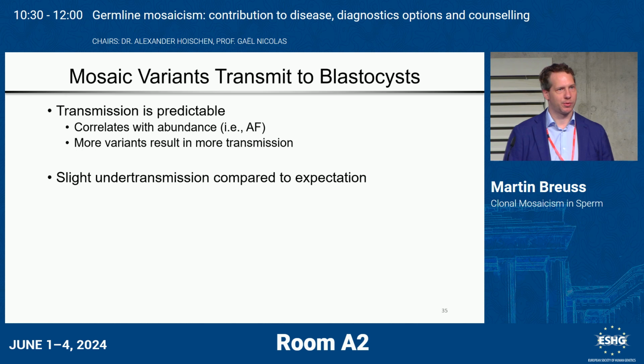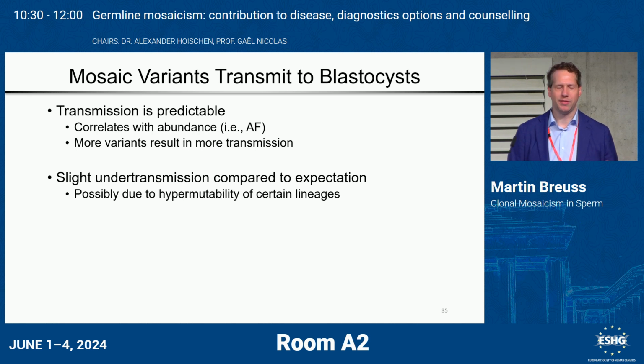One thing that was kind of surprising is that we found a slight undertransmission compared to our expectation. Doing some additional modeling, we believe that the most likely explanation is hypermutability of certain lineages. This is consistent with some more recent work on early developmental mosaicism, where some lineages appear to have higher mutation burdens than others.